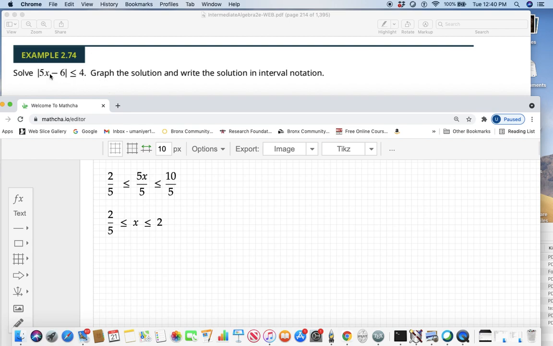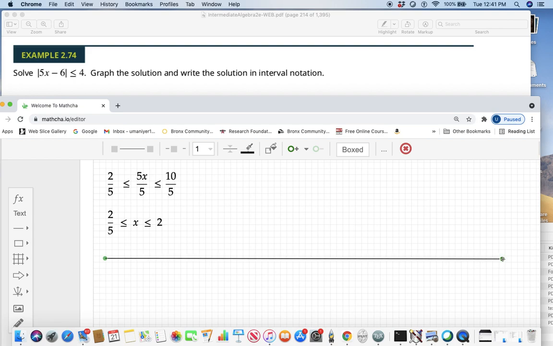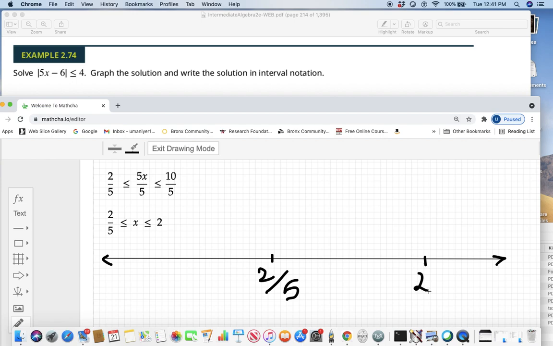But remember, the question wants you to solve, graph the solution, and write the solution in interval notation. So let's first graph the solution. So draw your number line. 2 over 5 somewhere on your number line. 2 is to the right somewhere on the number line.